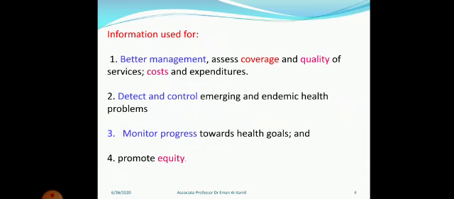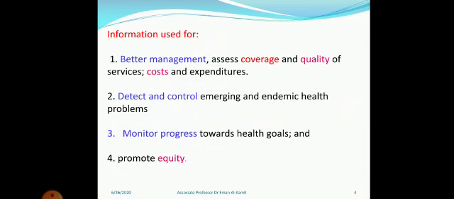Also, it is important to monitor the progress toward the goals which we have planned, in order to achieve these goals for planning good health services. In each country there are special goals according to the type of the population. For example, for developing countries, the most important goals are prevention of infectious health problems, decrease in infant mortality rate, and improving maternal and child health services.